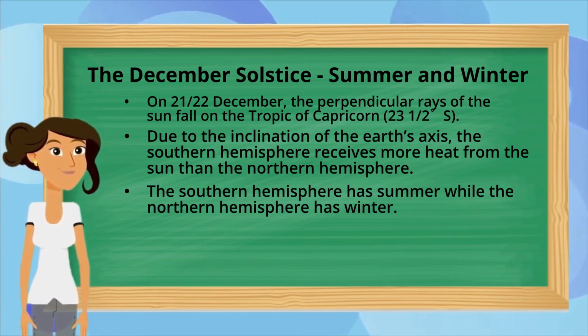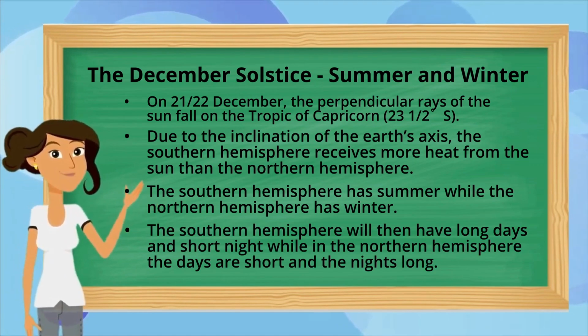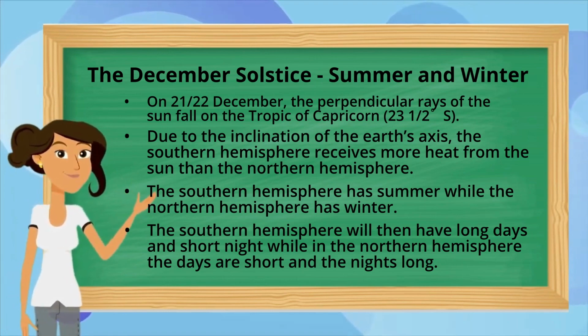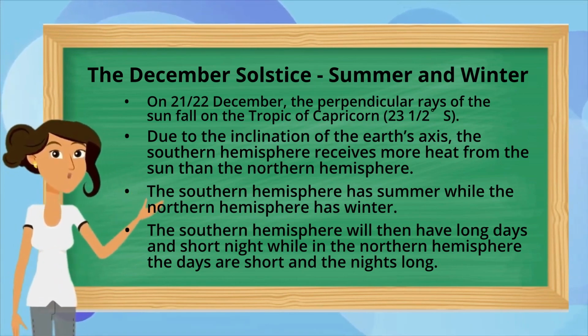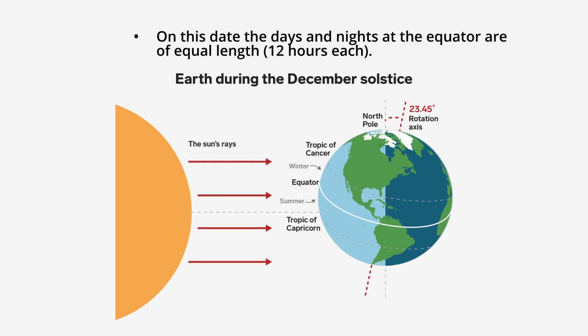The southern hemisphere has summer, while the northern hemisphere has winter. The southern hemisphere will have long days and short nights, while in the northern hemisphere, the days are short and the nights are long. On these dates, the days and nights at the equator are of equal length, 12 hours each.